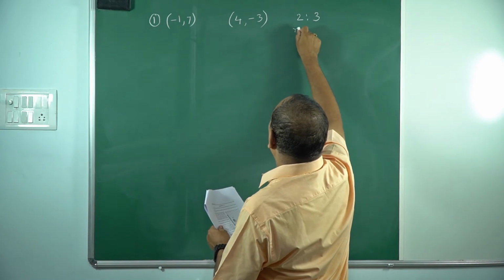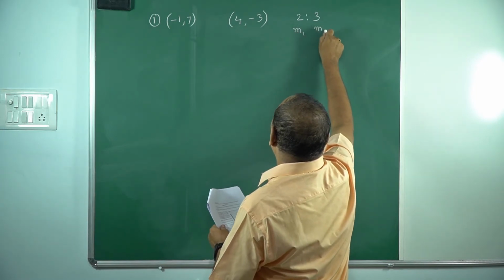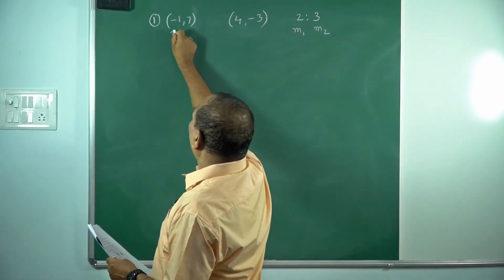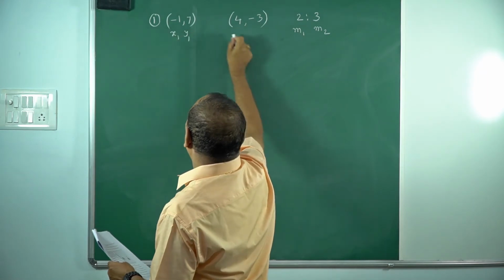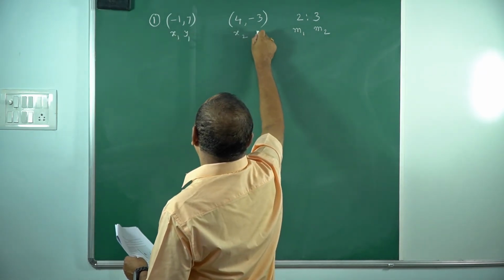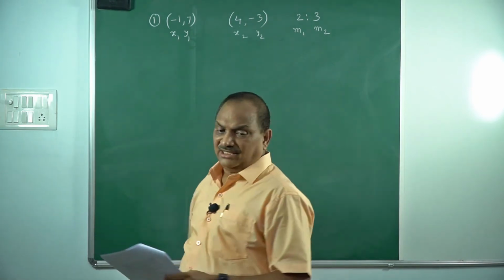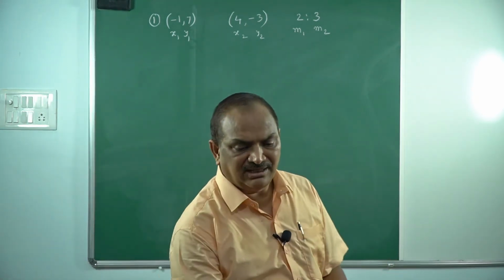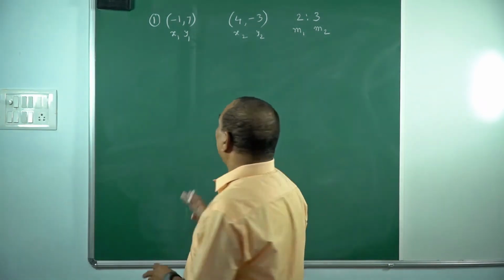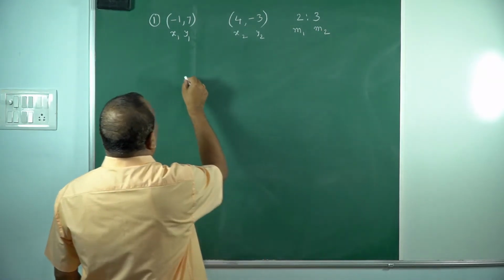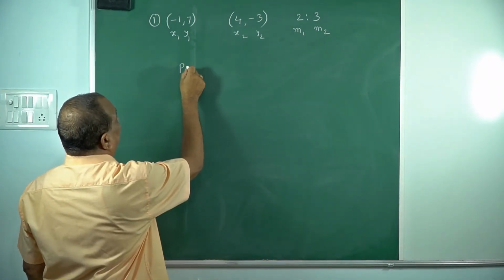So this is the ratio, m1 is to m2. The 2 points are x1, y1 and x2, y2. You need to find that P, which divides this line segment in the ratio 2 is to 3. So we need to find P.